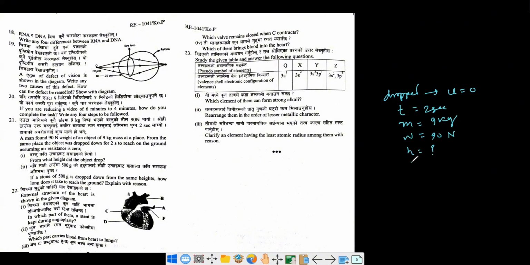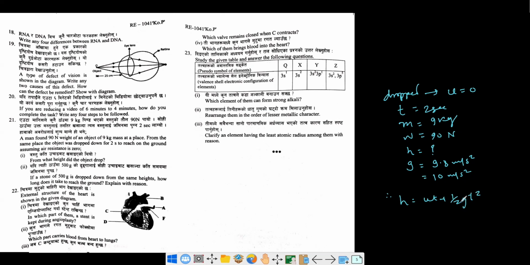If something is dropped on the surface of earth, then we can say g is 9.8 meter per second square, or sometimes we may say 10 also for simplicity. Okay, so let me just take 10 here, so that the calculation will be easy. So the distance traveled by the object is simply s equal to ut plus half at square, but in terms of acceleration due to gravity, we simply write s equal to ut plus 1 by 2 gt square.